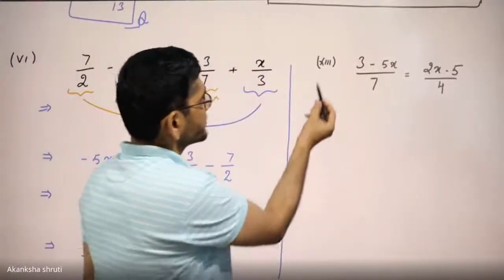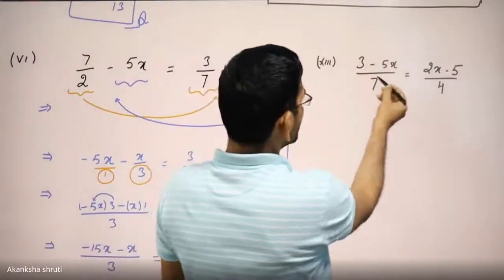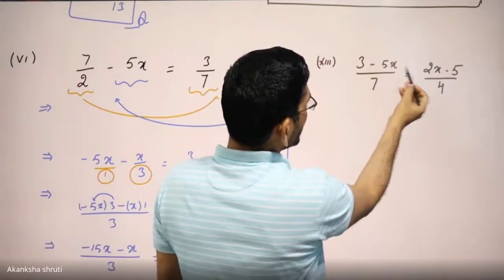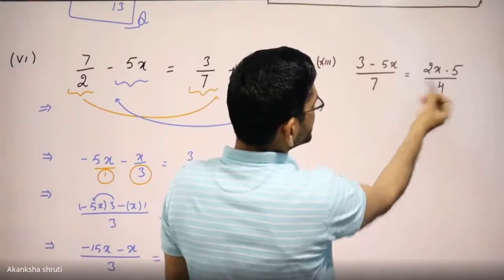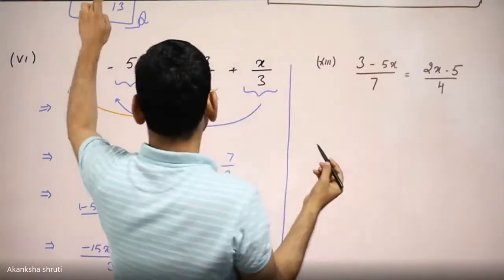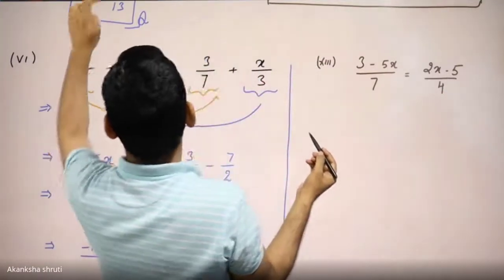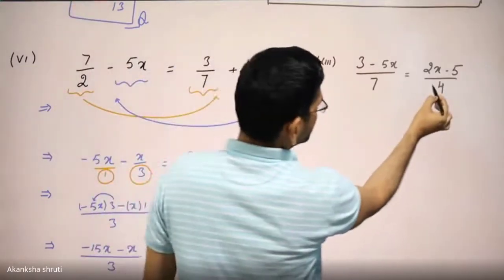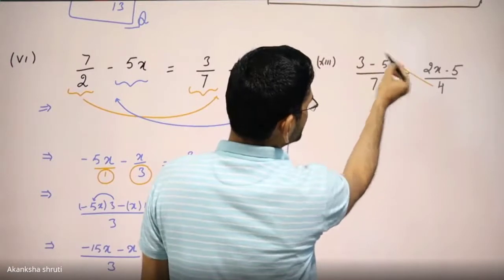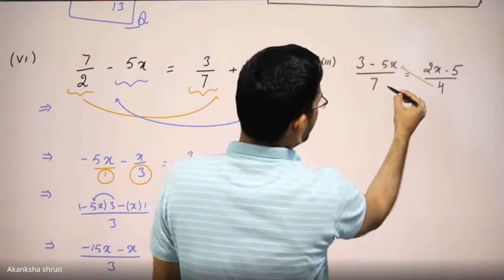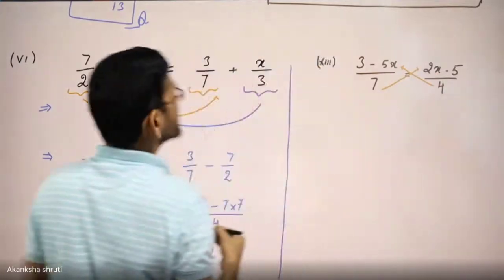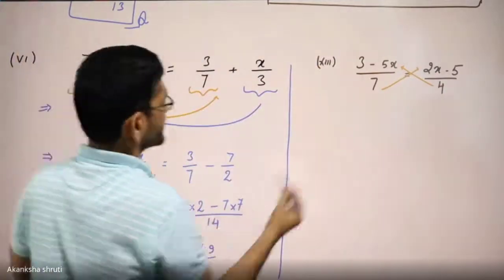So let us solve question number 13, where we observe the 2x existing in the numerator on either side of this equation. To solve this, the rule is very simple: the denominator of the right hand side has to be multiplied with the entire numerator, and the denominator of the left hand side has to be multiplied with the entire numerator on the right hand side.